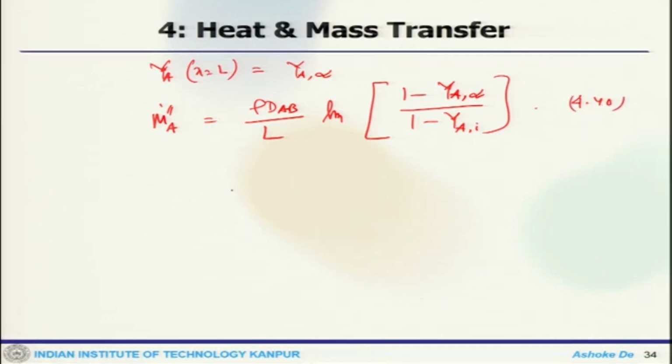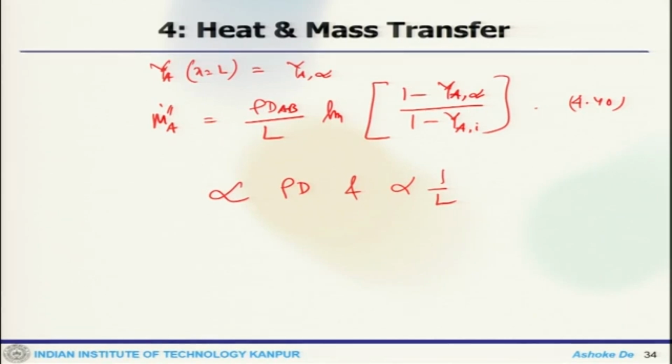This clearly shows you that the mass flux is proportional to rho D and inversely proportional to L. So, this is what we get regarding the mass flux.